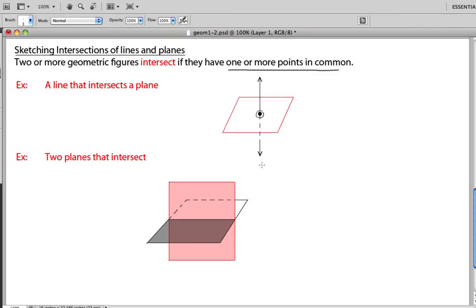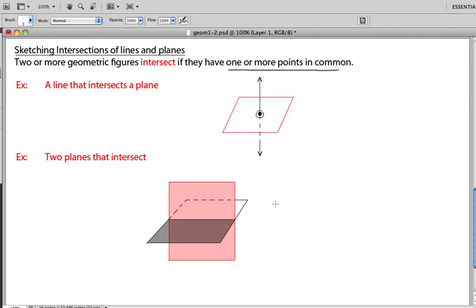Notice that the way that we draw this in geometry is anytime there's a part of the figure that goes behind another figure, we use dotted lines. So in this case, since we technically can't see through a sheet of paper all the time, this dotted line represents the part that is not visible.